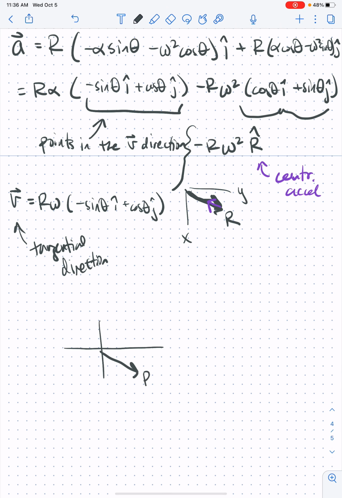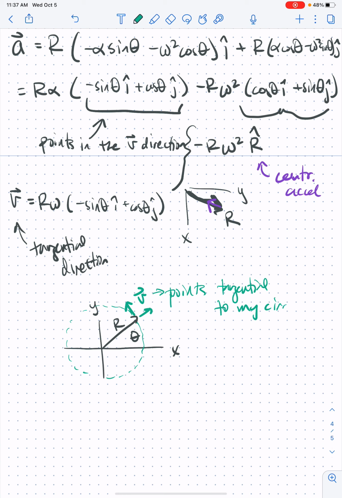So I'm at this position, r, got some angle theta, I'm looking above my xy plane. This thing is going to undergo circular motion like this, right? That r vector points like this. The v vector points like this, tangential to the circle.